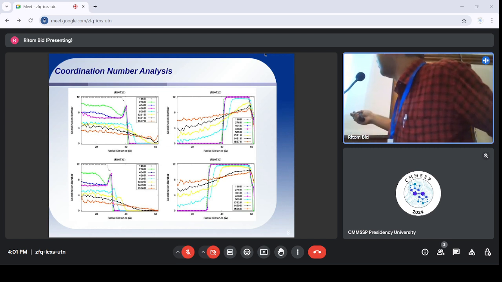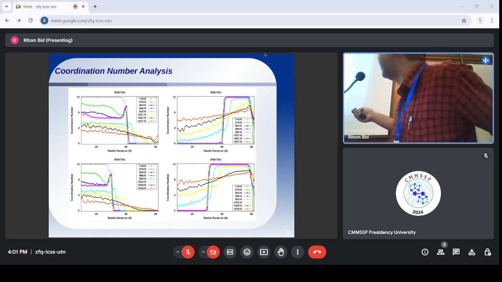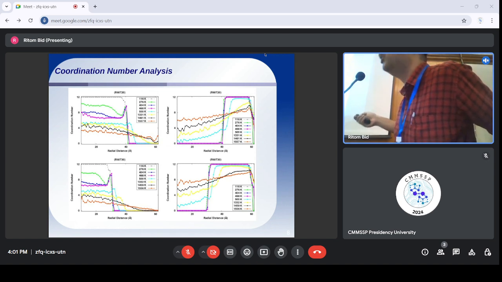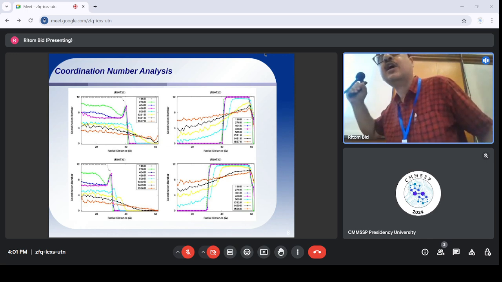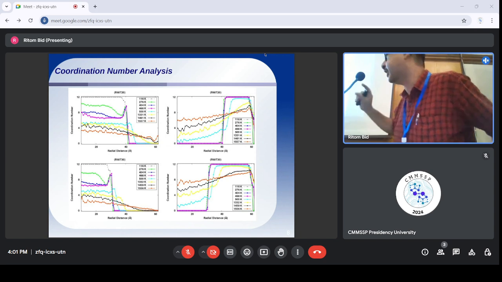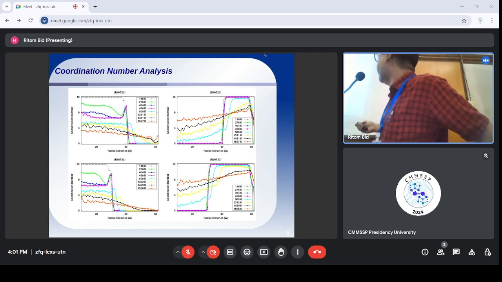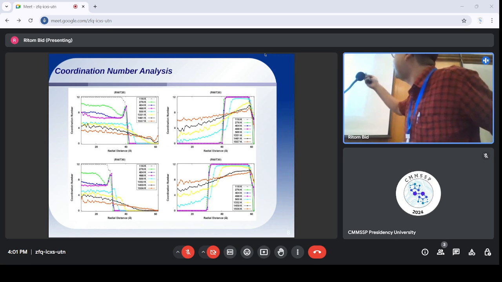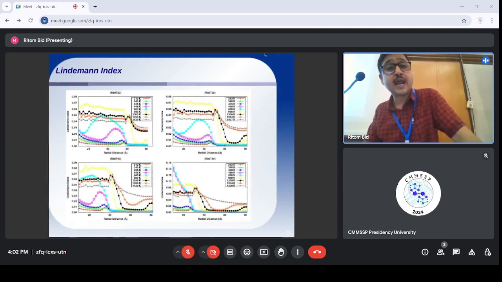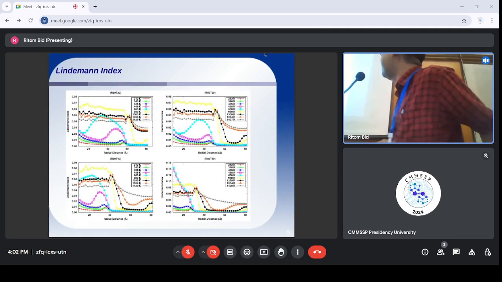For the different cases, we figured out that the coordination number 12 starts to reduce at different temperatures, beginning at the aluminum-nickel interface. So this is the coordination number analysis. And finally, this Lindemann index.